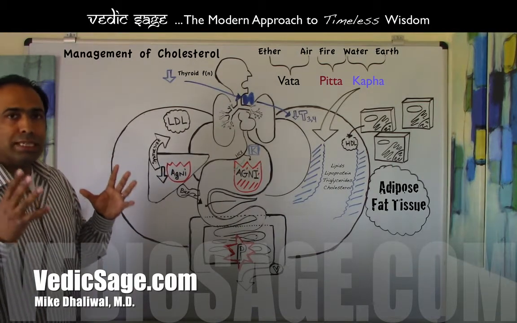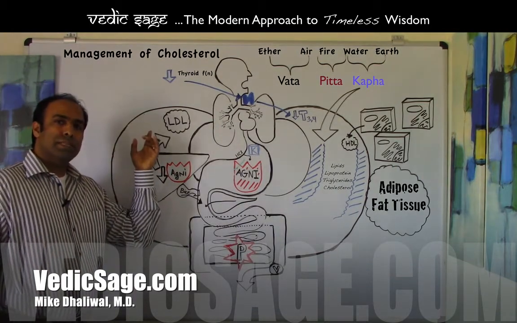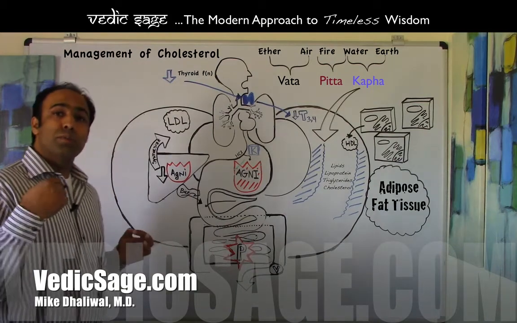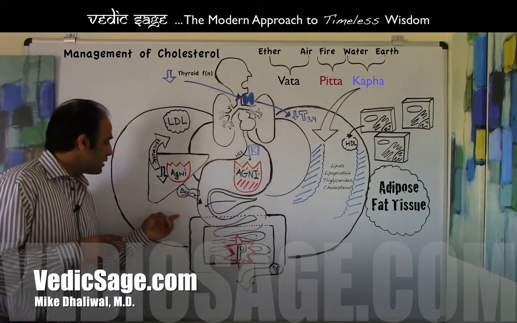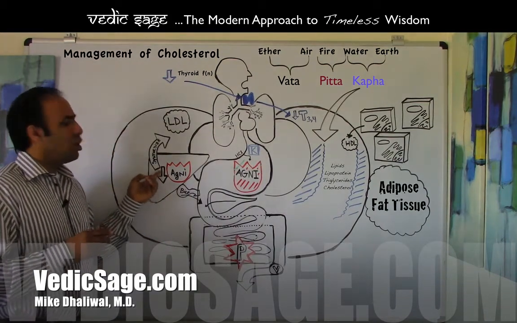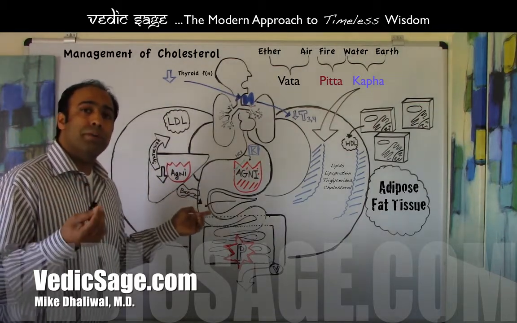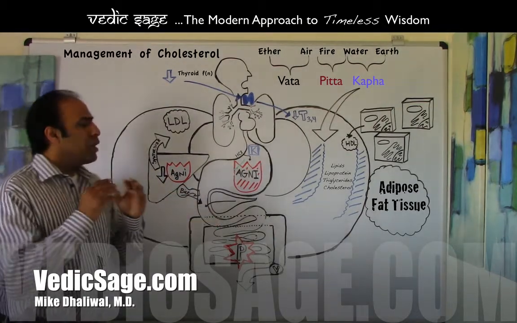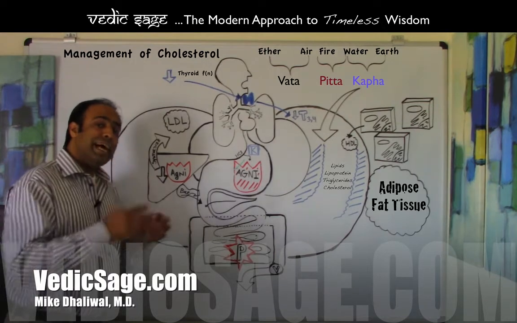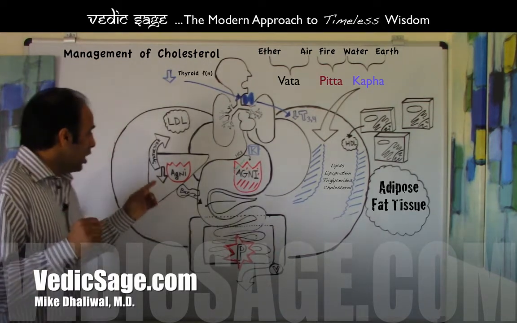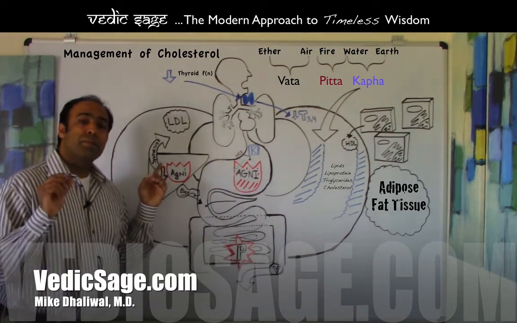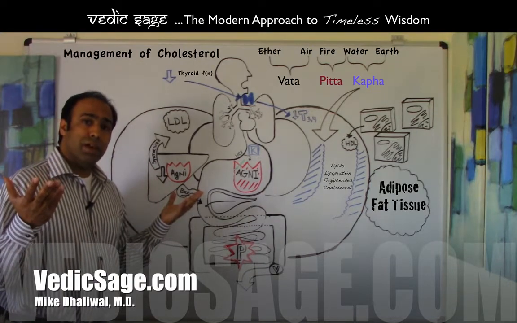And these lipoproteins happen to be low-density lipoproteins. Likewise, the liver is able to remove excess cholesterol from the blood system by taking up the cholesterol and releasing it into the bile and bile salts. So from an Ayurvedic perspective, these sages understood that the liver had the primary role in regulating cholesterol levels.